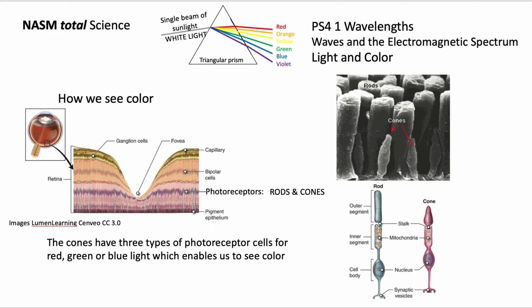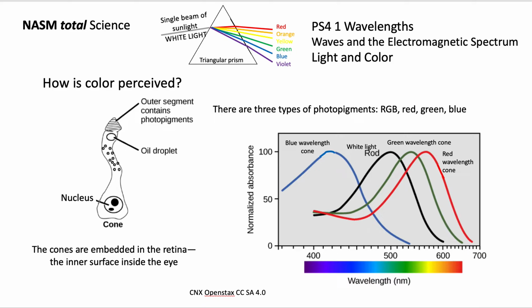The coloured wavelengths enter the eye, and there are 3 different types of cones that allow us to see red, blue and green light. You've got the wavelengths here of the cones, the blue, the green and the red. The white light and the rod are different wavelengths. And on the left you've just got a diagrammatic representation of one of the cones.